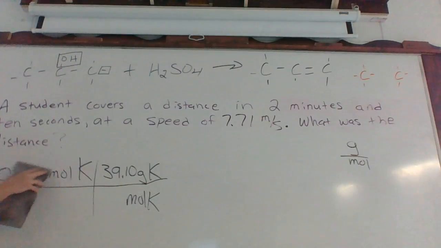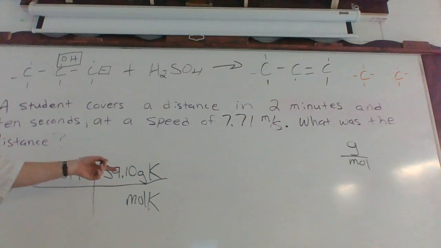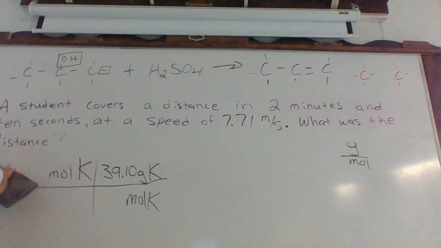So what that means then, in other words, if we had 1 mole of potassium, we know it's 39.1. Okay. So if we had 2 moles of potassium, we've got pretty close to 80. It's 78.20.